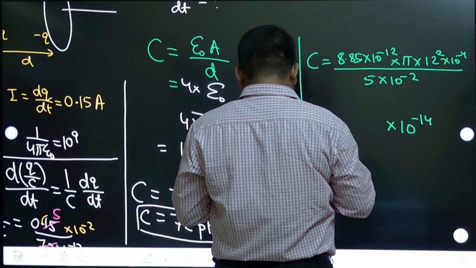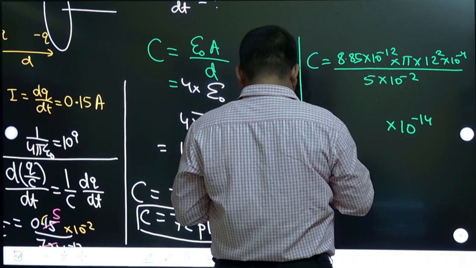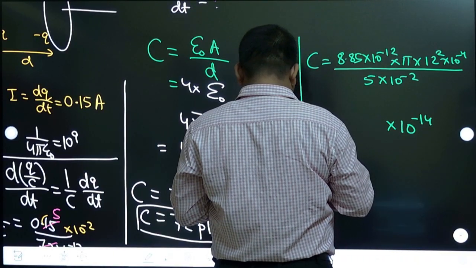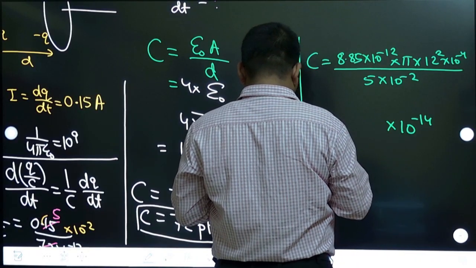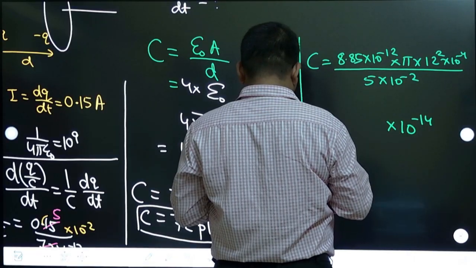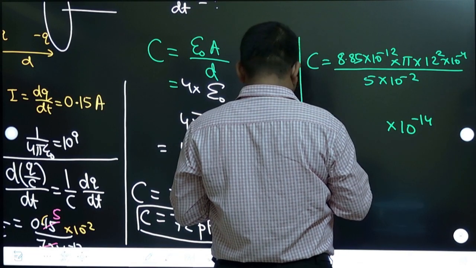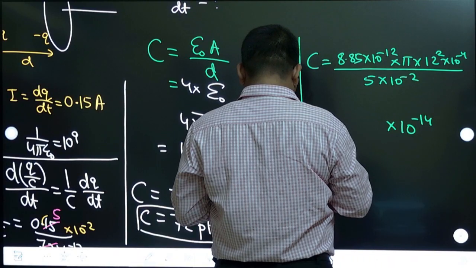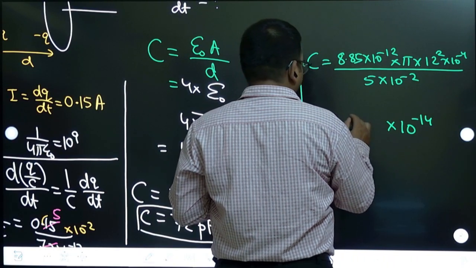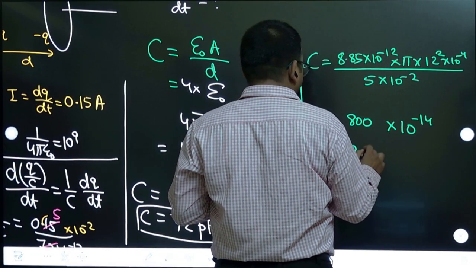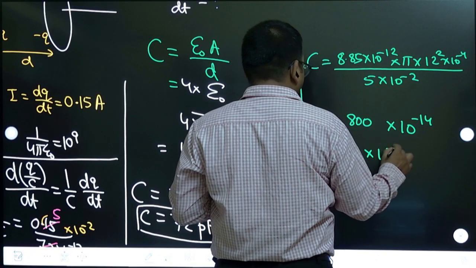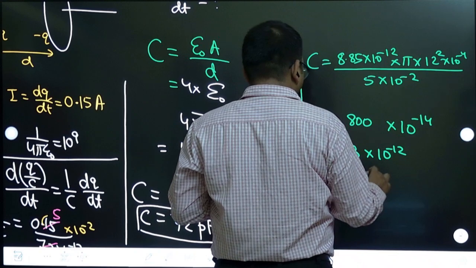Now let me check out this calculation with calculator. So 8.85 into 12 square, 144, divided by 5 into 3.14. It is coming as 800, nearly this. So it is coming 8 into 10 to the power minus 12. 8 picofarad is coming.